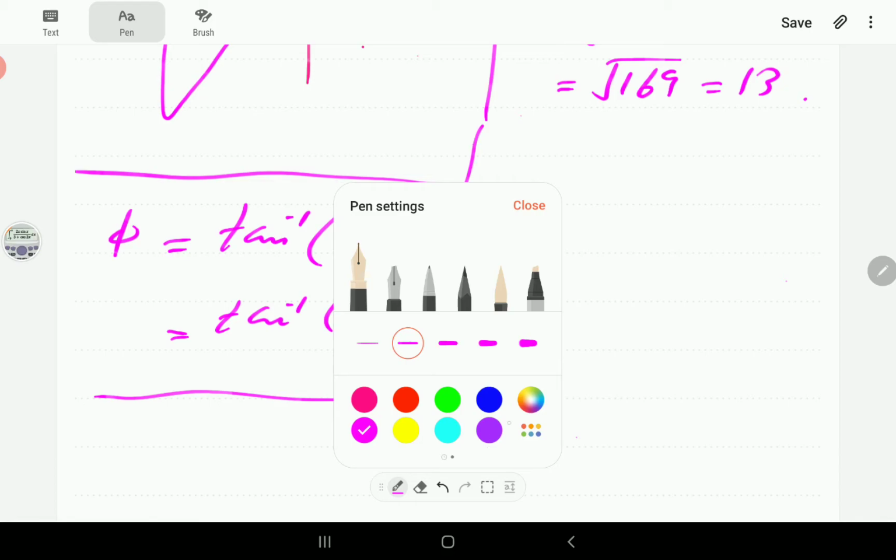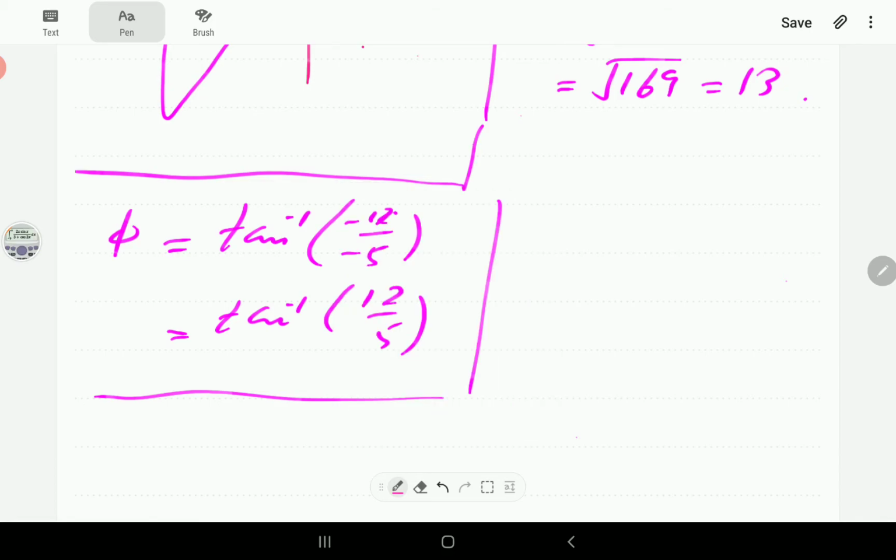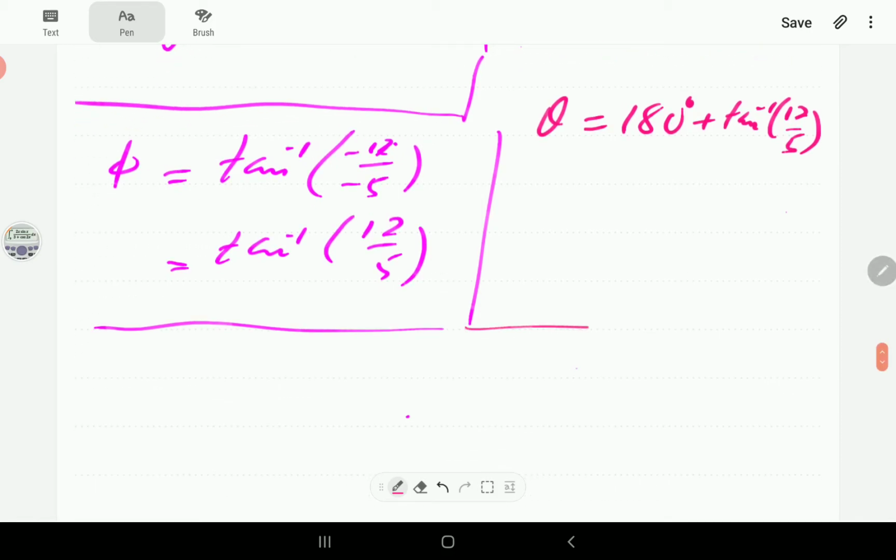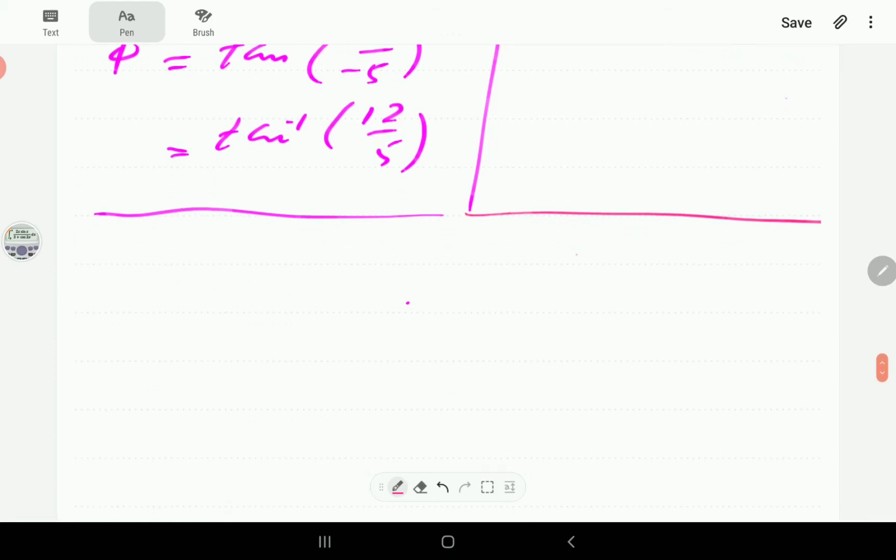So theta is going to be 180 plus inverse tangent 12 over 5. We're just going to keep it like that. We're not going to write it in decimal form, so that when we work out our answer, we find the exact root or the exact solution.